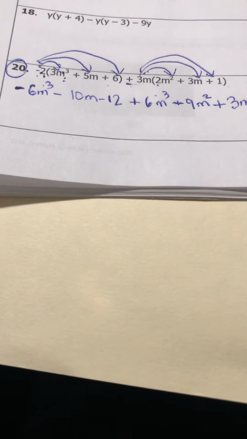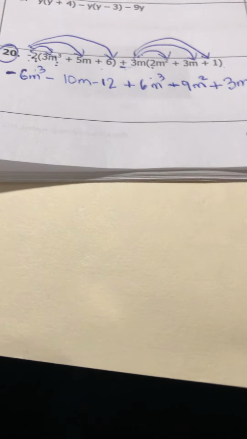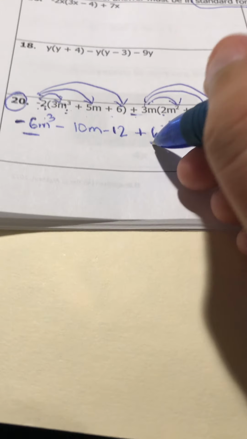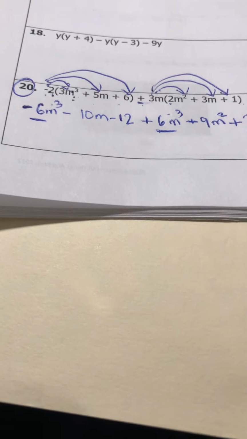So we distributed first. Now we're going to combine the like terms. Okay, simplify means combine the like terms. So now negative 6m cubed plus 6m cubed cancels away, because it gives me 0m cubed.